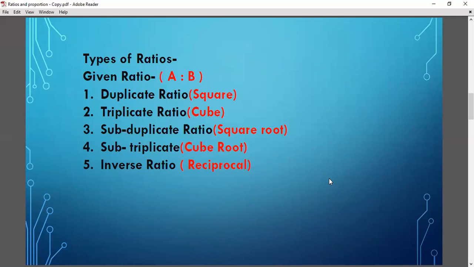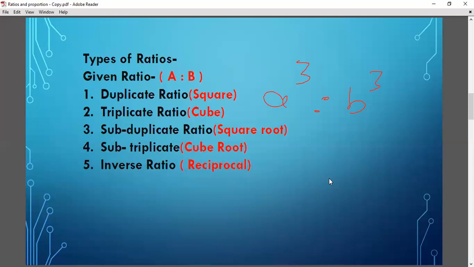The second type of ratio is triplicate ratio. So simply you need to take the cube of all individual values. So the triplicate ratio of A is to B becomes A cube is to B cube. The third type of ratio is subduplicate ratio.